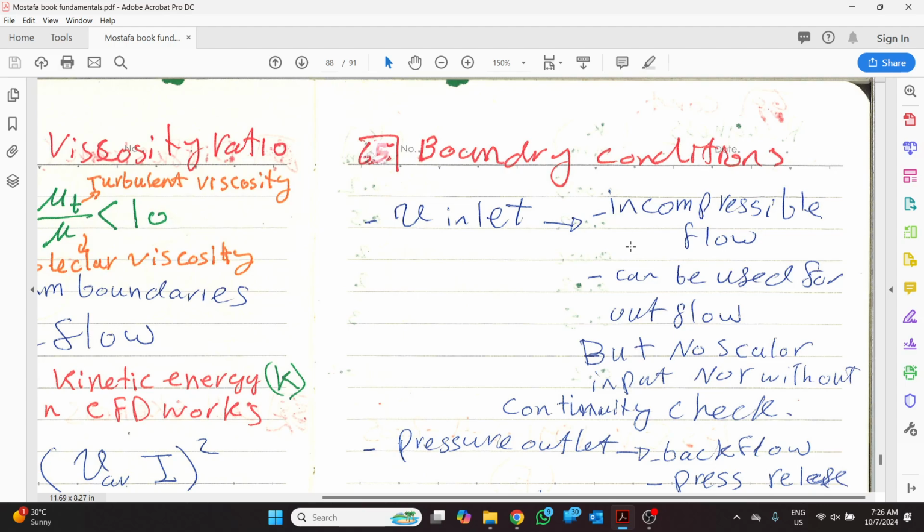But here there is a fundamental point, not in the application itself, but in theory. If you're using a velocity inlet, where you define the velocity at the inlet and keep it constant, you need to consider that your flow is incompressible.